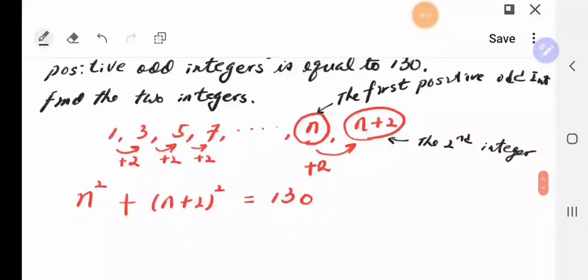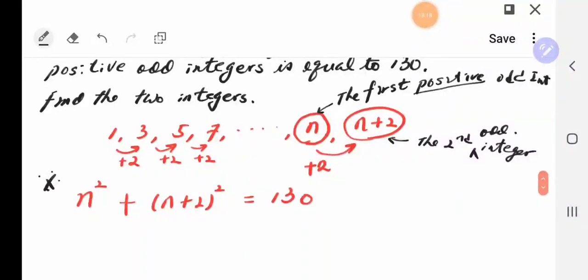This time it has to be positive, right? So the sum of squares of these two consecutive positive odd integers is equal to 130. So we have an equation like this.